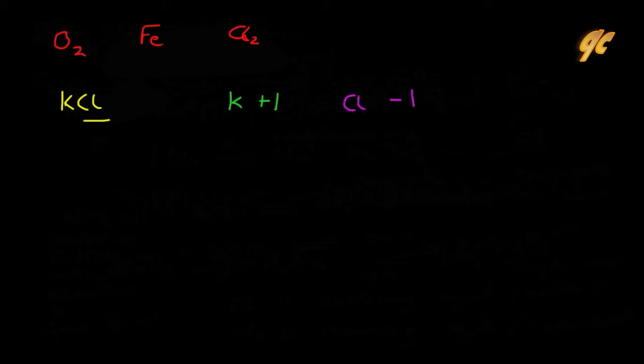Another example for this would be for the compound lead 4 chloride. Say we wanted to find out the oxidation state of lead. Well, we know as a monatomic ion, chlorine has got the oxidation state -1.